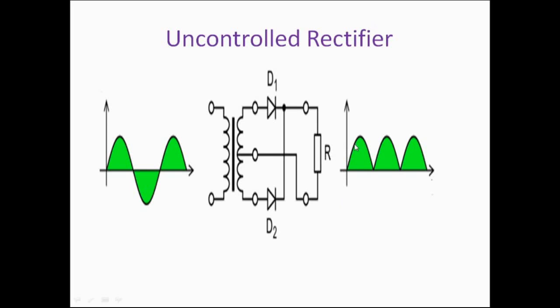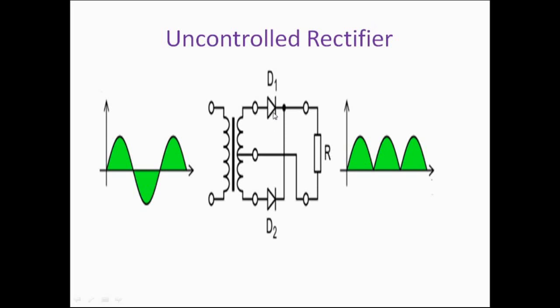Vm sin omega t. If you integrate from 0 to pi, Vm sin omega t d omega t, and if you divide by pi, you will get average value. That average is not 0. See, easily you can understand that there is no negative part here. If you add all this together, or if you integrate these waveforms, you should get positive value, and that is non-zero value. Positive value and non-zero value. That's the reason this is DC.